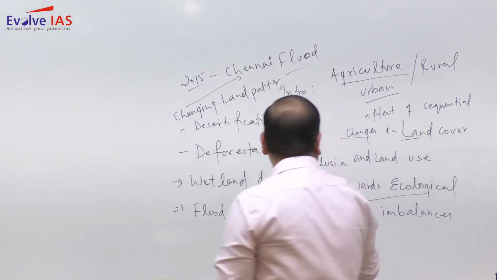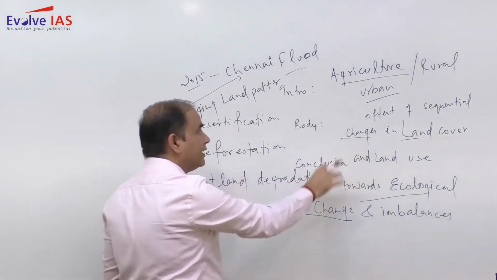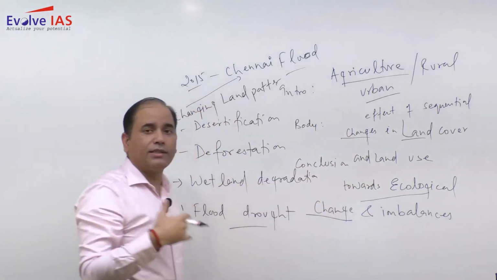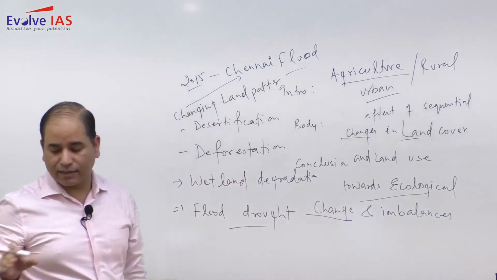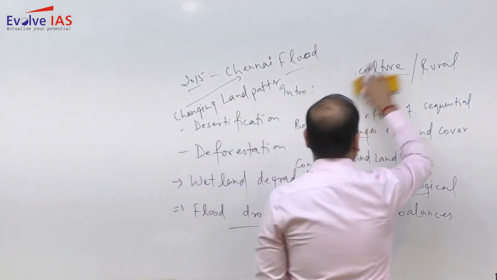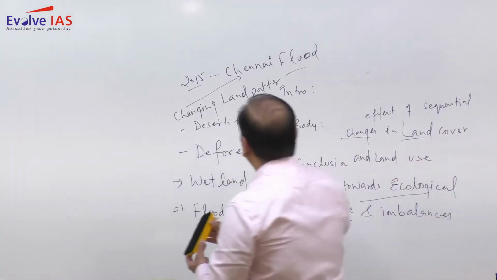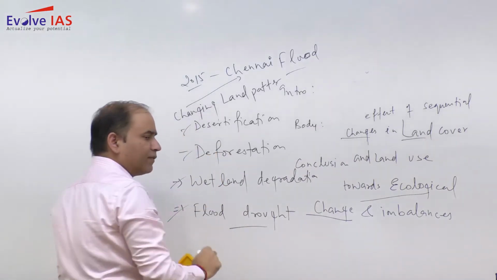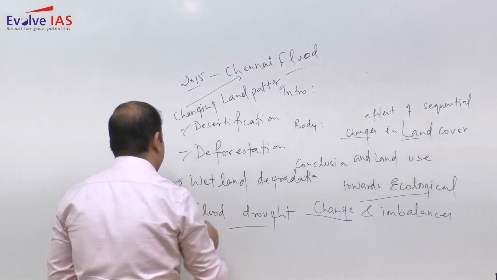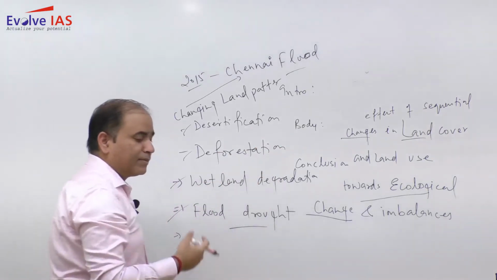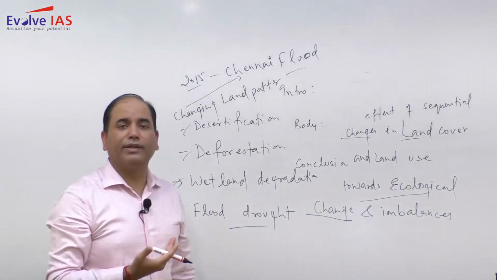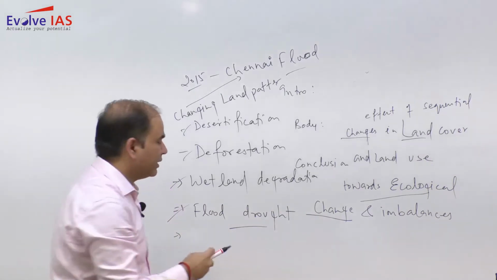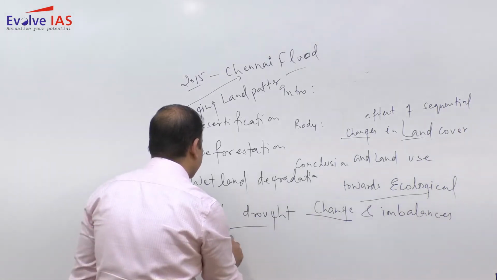Anyway, you have to write right from the beginning what the sequential land changes have been. Ultimately, all these aspects like desertification, deforestation, wetland degradation, floods, and droughts are the effect of land change, land cover change only, which has led to ozone depletion.